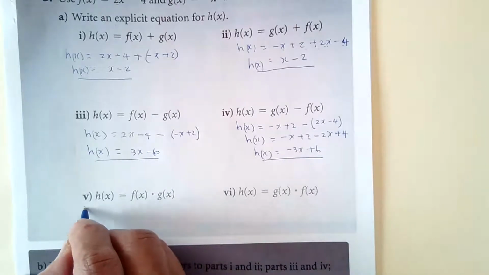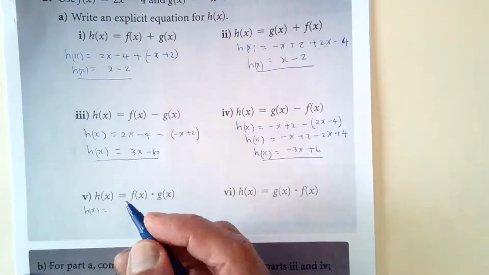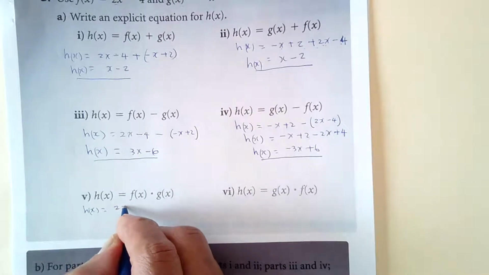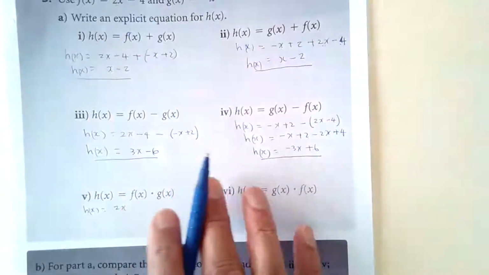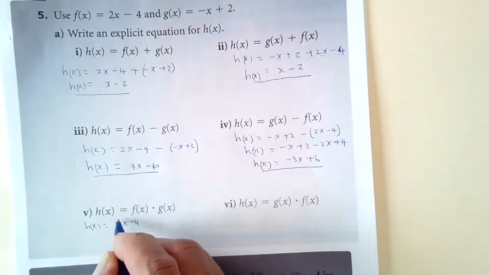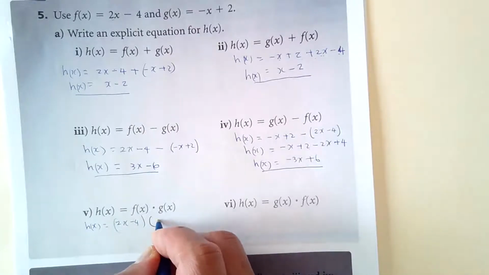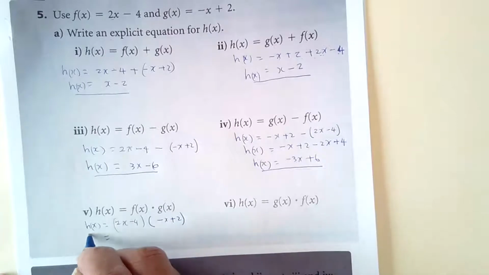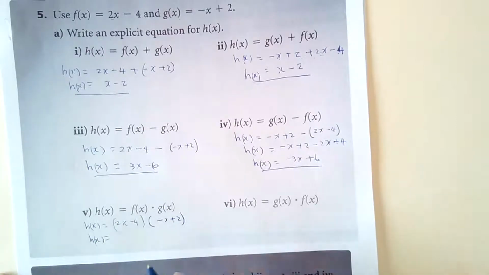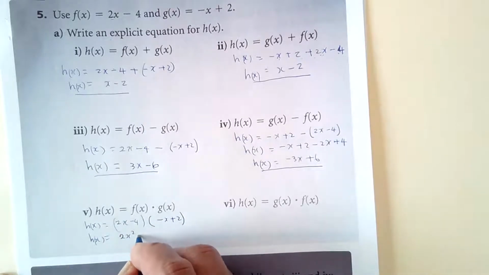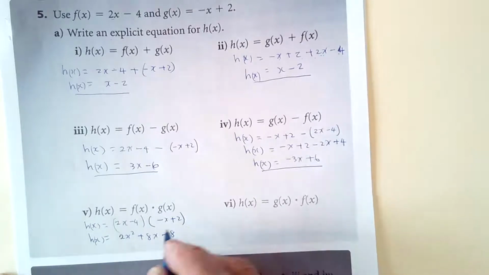And here we have h of x. Now we're multiplying these two, so we have 2x minus 4 multiplied by minus x plus 2. So we have minus 2x squared plus 8x minus 8.